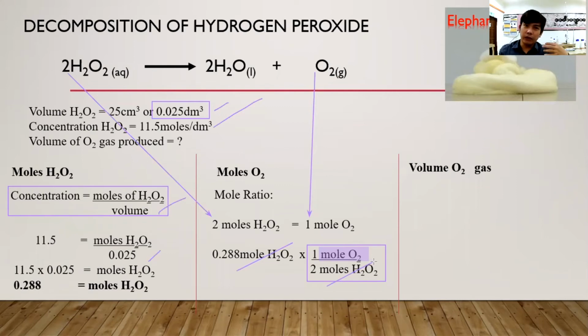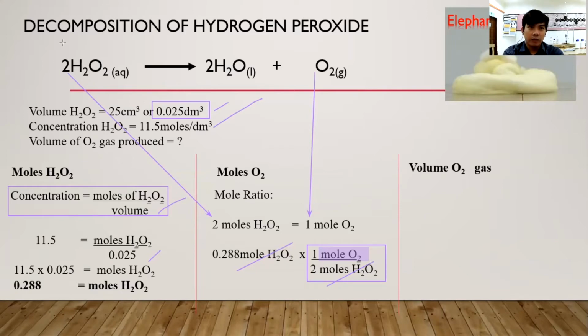Actually, some of you, if you know how to do this already, you can easily know what you are going to do. If you know the ratio, you can actually identify the moles of the other substance given the mole ratio easily. But since this is the first time, I'm going to show you the step-by-step on how to do this. So that is the moles of H2O2 multiplied with the mole ratio, which is 1 mole O2 and 2 moles H2O2.